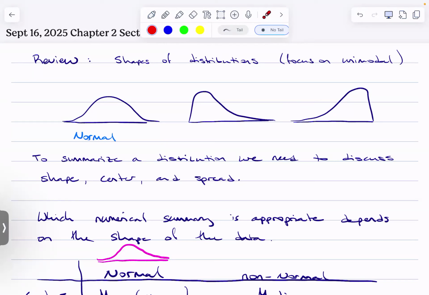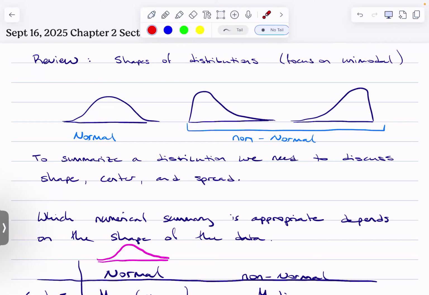There are other options, but these are the ones that we care about. Really anything that is not a normal shape, not like this first one, is just lumped into a non-normal category.